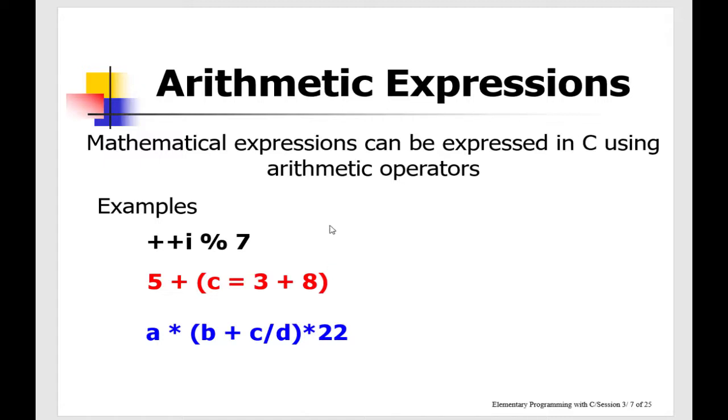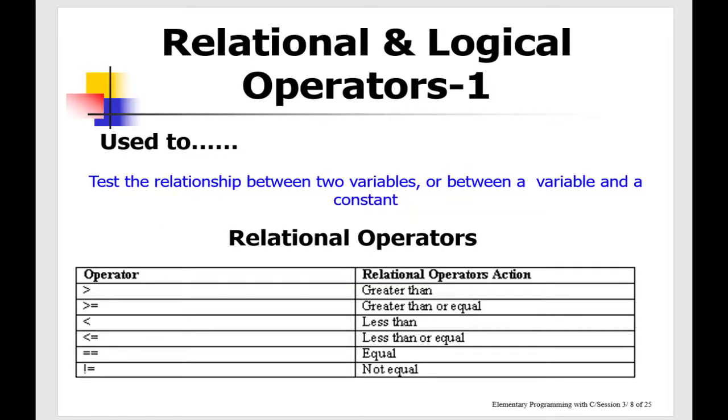After understanding the arithmetic operators, we move to the relational and logical operators. The relational operators are used to test the relationship between either two variables or between a variable and a constant. And this is what we learned in high school arithmetic. We have the greater than symbol.